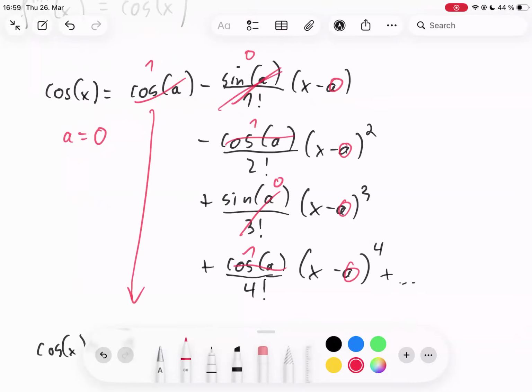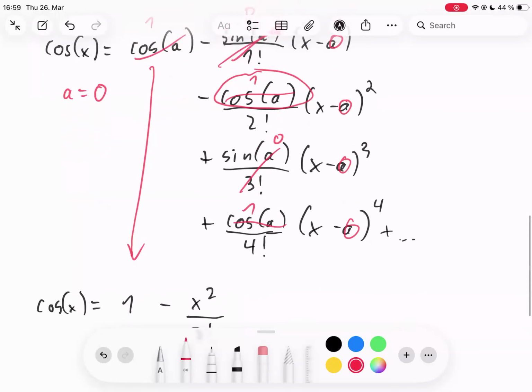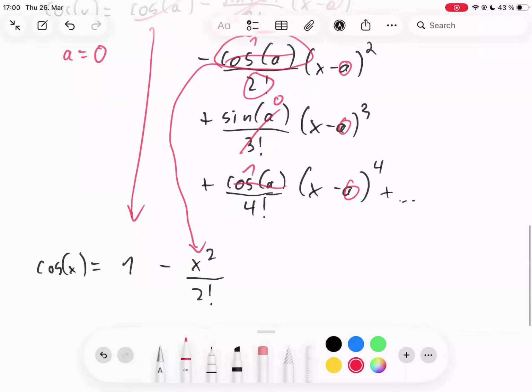Then this whole thing here was 0, but we have something here where the upper one is 1. So we say x squared divided by 2 factorial, this component here. So we have this 2 factorial, and here we put in a 0. So x minus 0 squared is x squared.